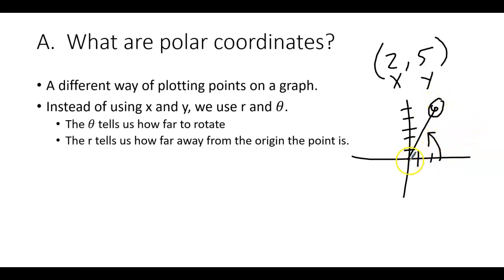So if I told you this was, I'll just make up a number here, let's say it was 6, the length of this line, and it was rotated, let's just say maybe 70 degrees. So if you have a line that's 6 units long and it's been rotated 70 degrees, it lands in the same exact spot as this point. So instead of using x and y, we use a length and an angle to describe where the point is located.